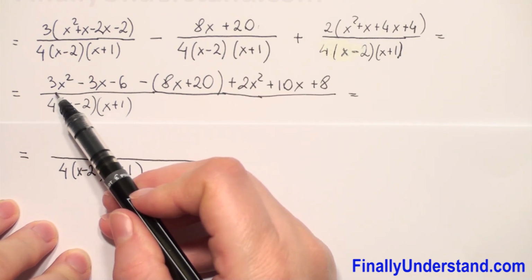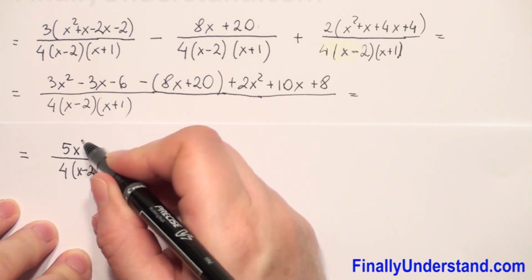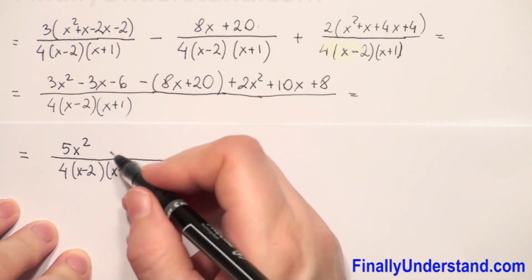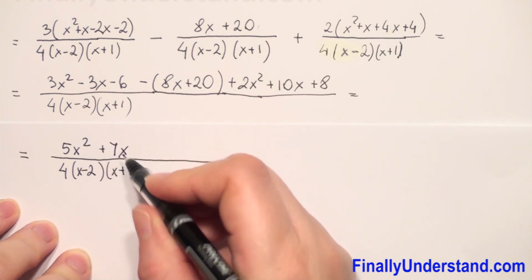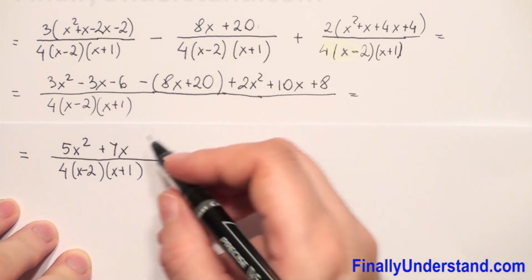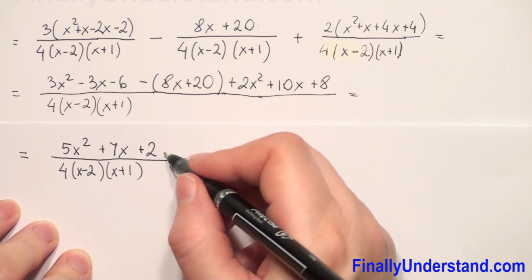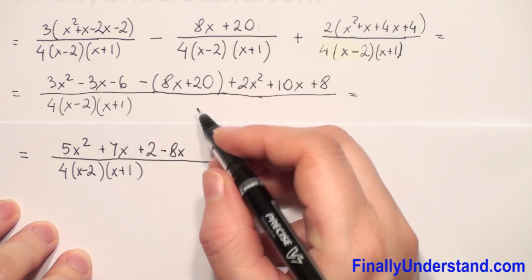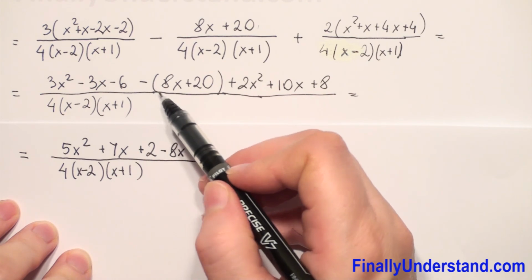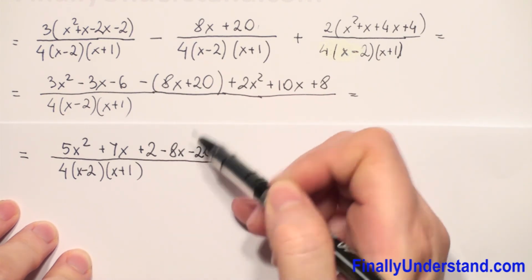We can combine the like terms. 3x squared and 2x squared is 5x squared, negative 3x and positive 10x, so this is positive 7x, negative 6 and positive 8, so this is plus 2, and now we take down this parenthesis, so we will have negative 8x and negative 20, because we have a negative sign before the parenthesis, so we have to change the sign. We have positive, so now it's negative, positive is negative.